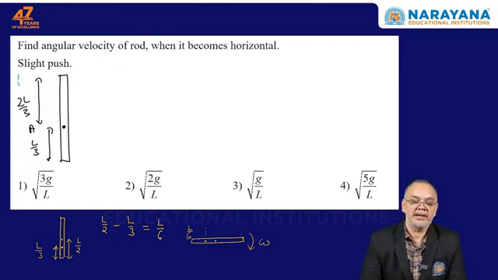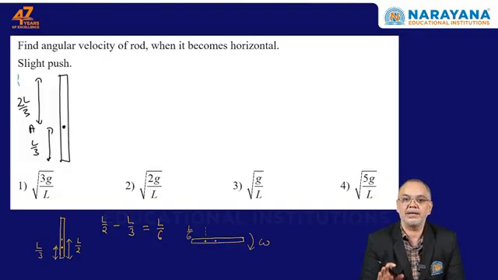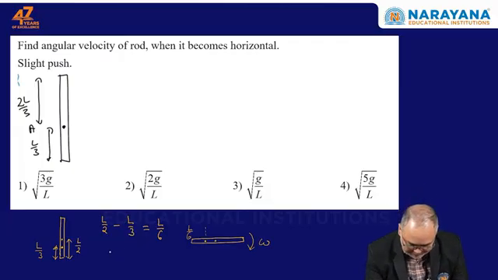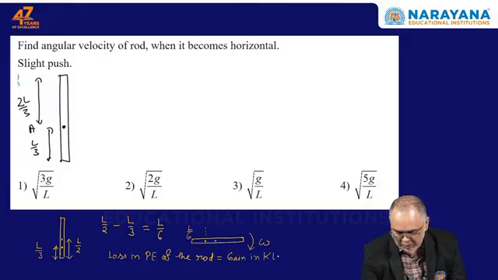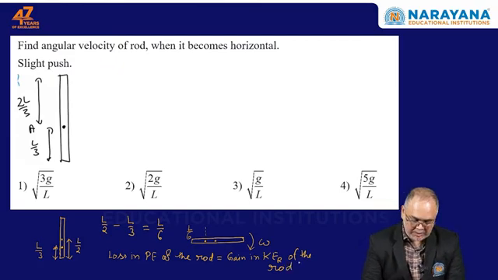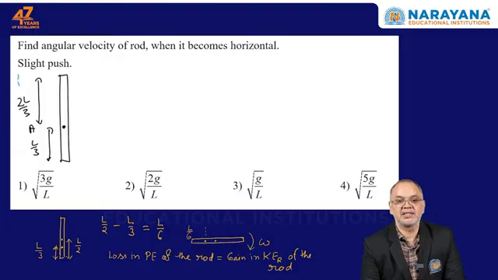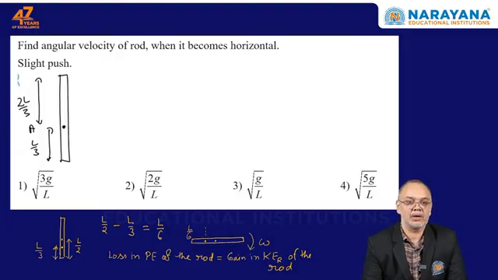So we can say the loss in potential energy of the rod is equal to the gain in rotational kinetic energy of the rod. Loss in potential energy is mgh, where h is L by 6.